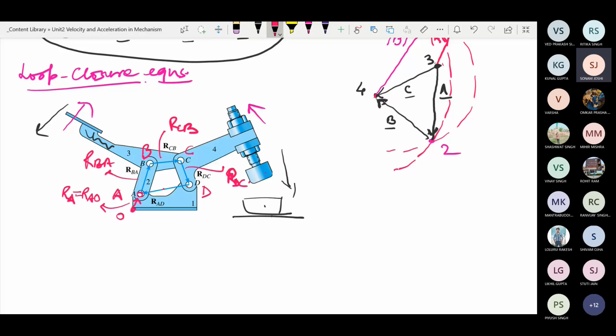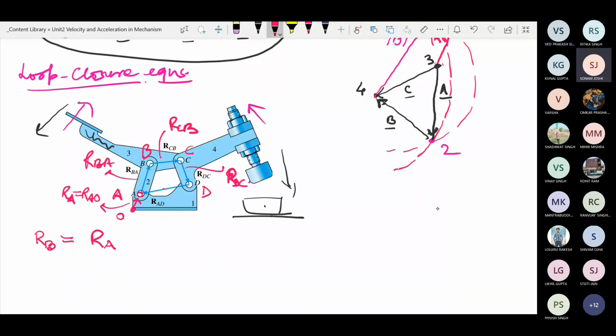Now let me come to RB, the position vector of B. Okay, what will be this one? The position vector of RB. If you see, it will be RA. We are talking in terms of origin. Why have I written this one? I have taken this additional because it is independent of origin. Whatever global coordinate, local coordinate you select, it's independent of that origin.